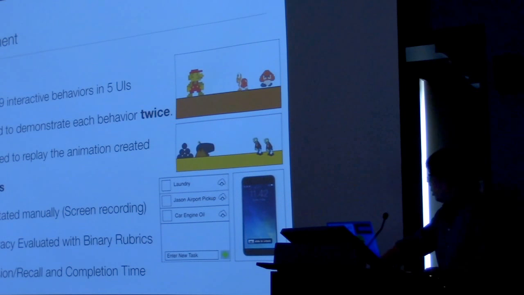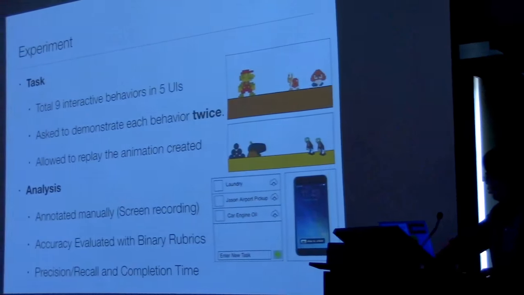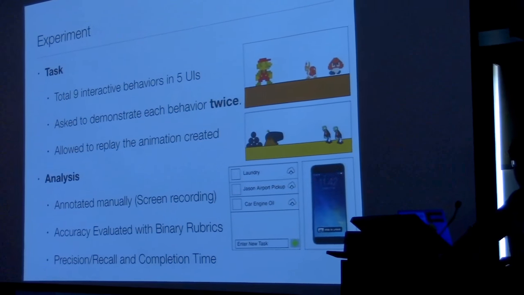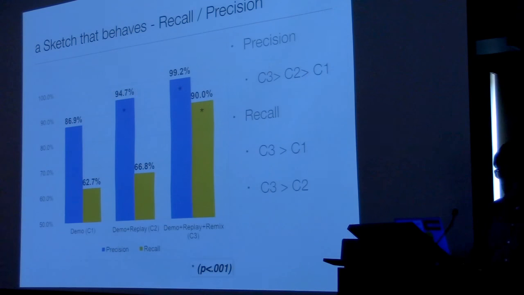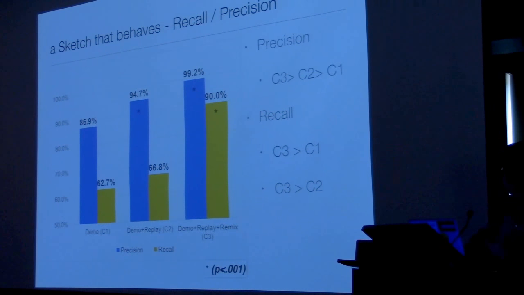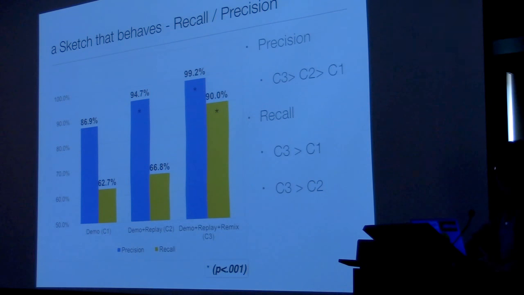And then we annotated the screen recording to measure the quality of the behavior as well as completion time. We could confirm a statistical significance in that we were able to see the precision increase over the condition.